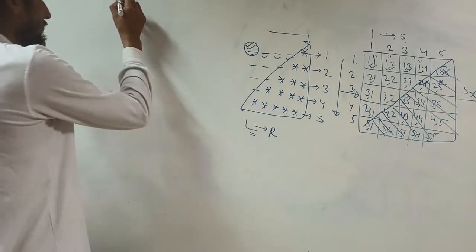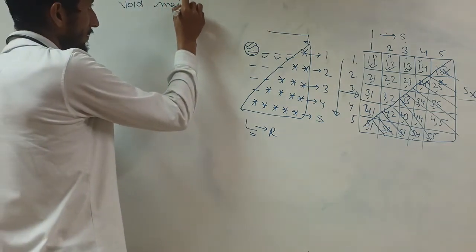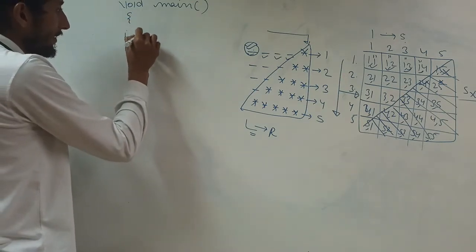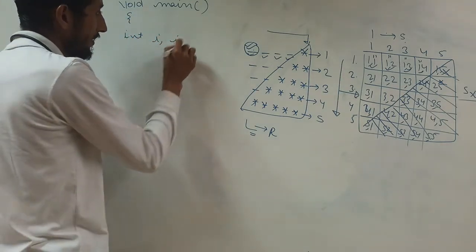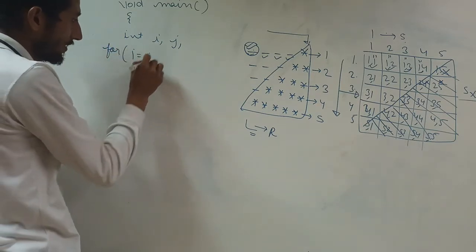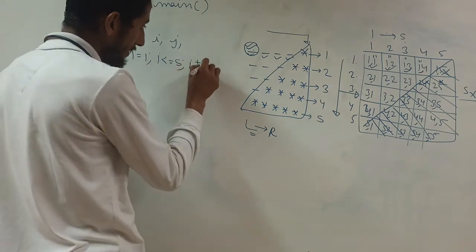I will start with void main, and I will write int i, j, and I will apply the for loop: i equals 1, i less than or equal to 5, i plus plus.